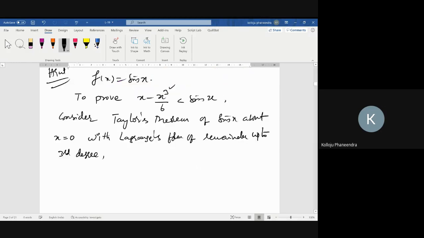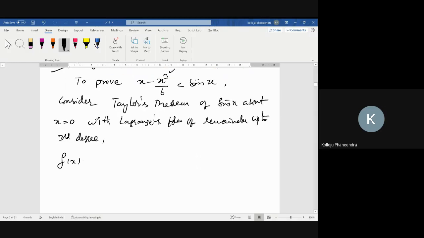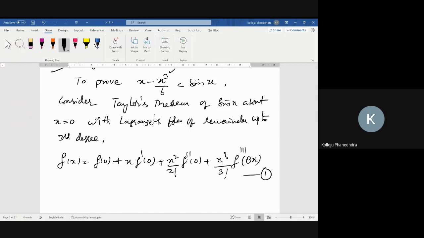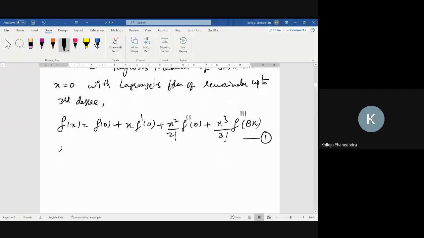That is, f of x equal to f of 0 plus x into f dash 0 plus x square by factorial 2 f double dash 0 plus x cube by factorial 3 f triple dash theta x. Don't put 0, put theta x. Now substitute the required values. f of 0 is sine 0.